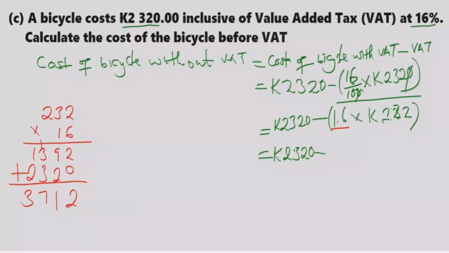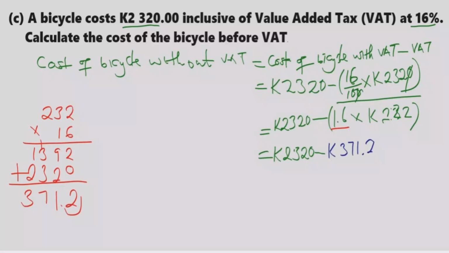Now remember, we are multiplying by 1.6, not 16, so that means the decimal point will move one step and give us 371.2. So our answer is 371.2 as the VAT. Okay, so we are subtracting that.